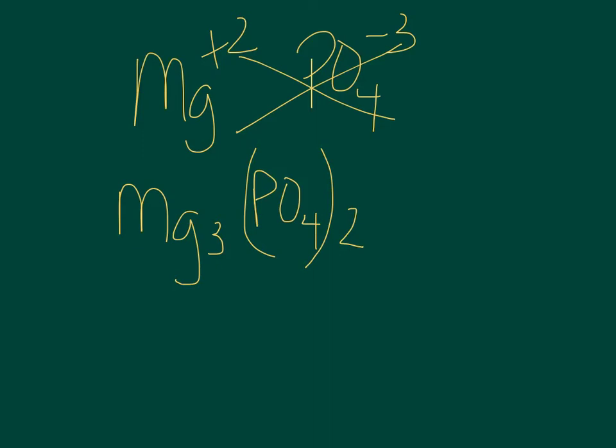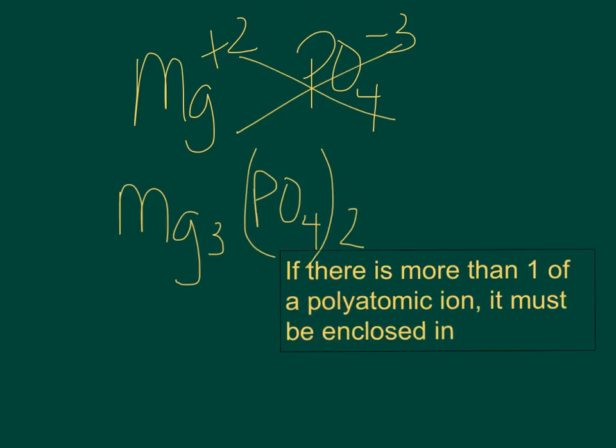So the rule is if there's more than one of a polyatomic ion, it must be in parentheses. Again, if there's more than one of a polyatomic ion, it must be enclosed in parentheses. If there's just one, there's no parentheses needed.